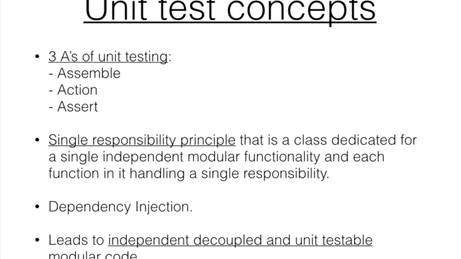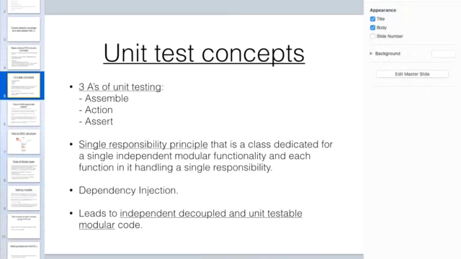There is another principle called dependency injection. Anyone knows what dependency injection is? Suppose there is a function inside a class that depends upon some objects from outside of that class. Suppose one function inside one class depends upon another function or another member of another class.